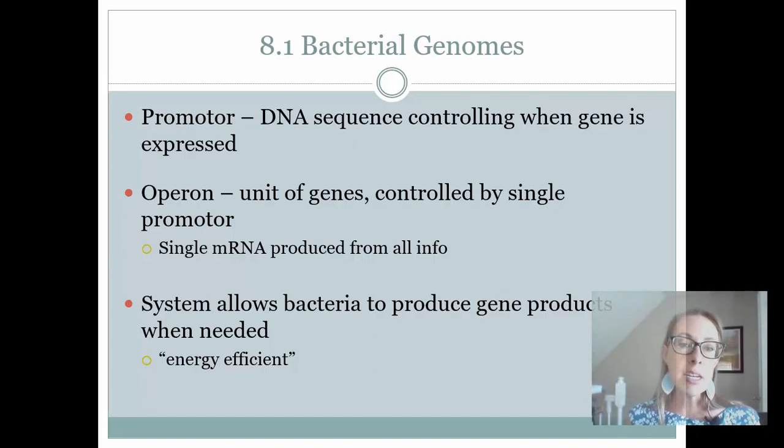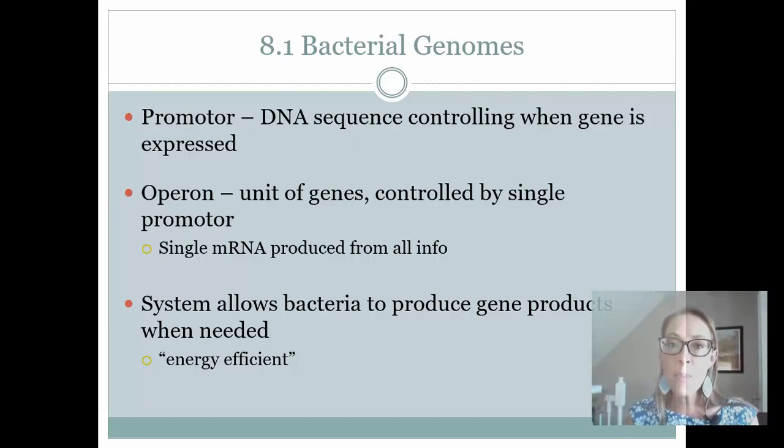Those genes that are all controlled by that single promoter oftentimes are going to be for one particular process, like metabolizing a given nutrient. Well, if that nutrient is available, we want to turn that whole operon on. We want to make all of the proteins needed to metabolize those nutrients. But if those nutrients aren't there, we want to be able to shut that whole thing down.